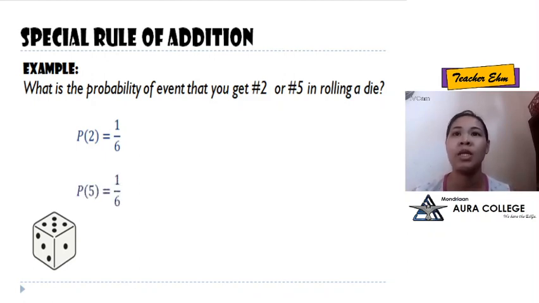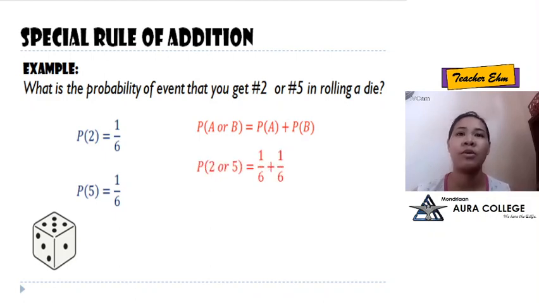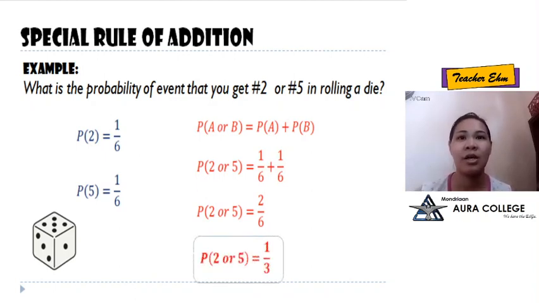The probability of getting number 5: meron tayong 1 na 5 sa ating die at merong 6 possible outcomes. So the probability of getting 2 or 5 is equal to 1/6 plus 1/6, which is 2/6 or 1/3.